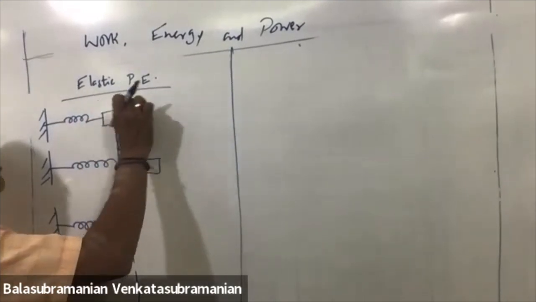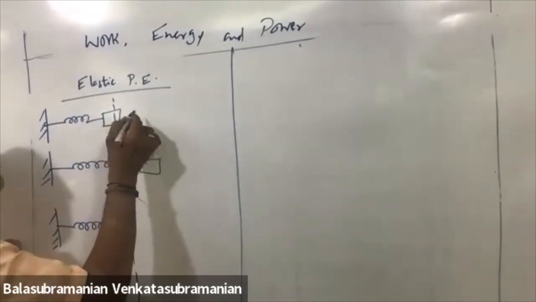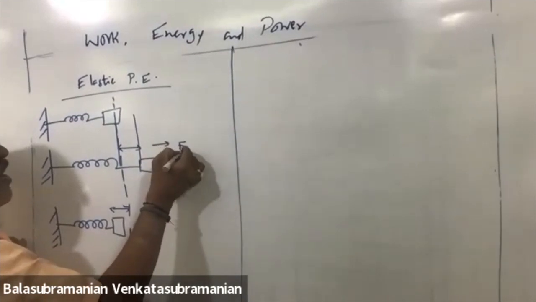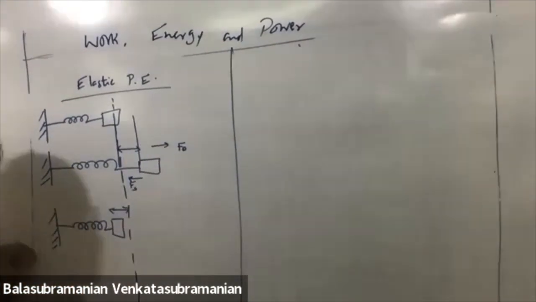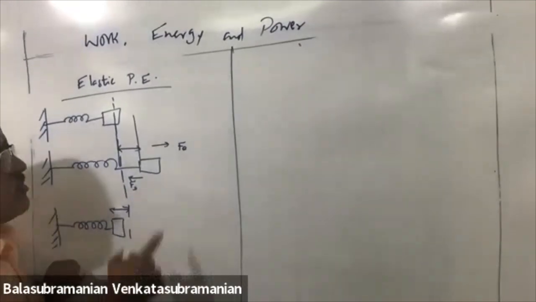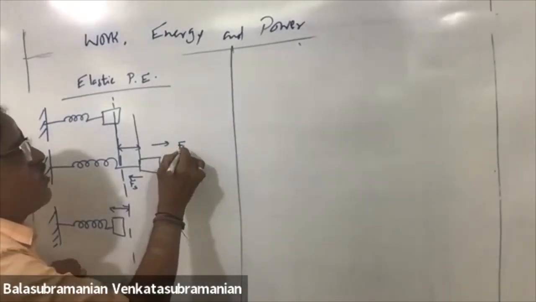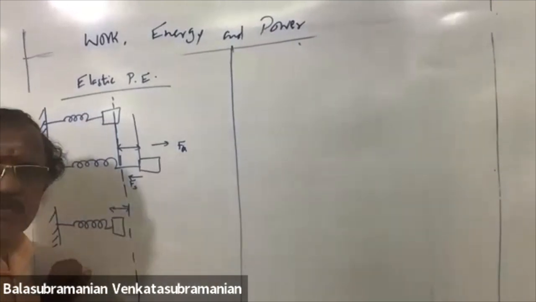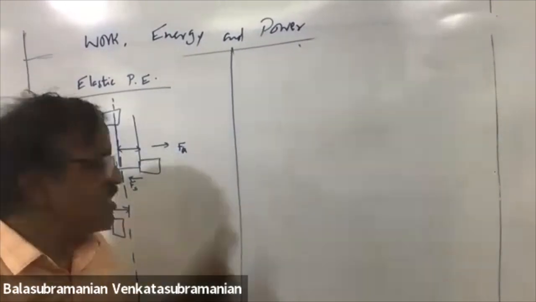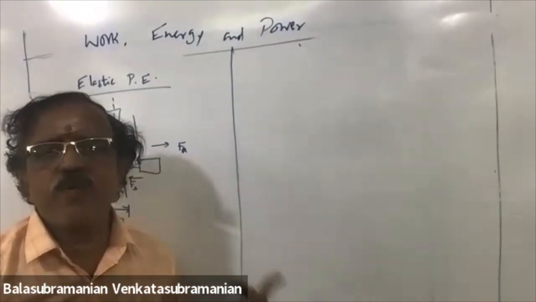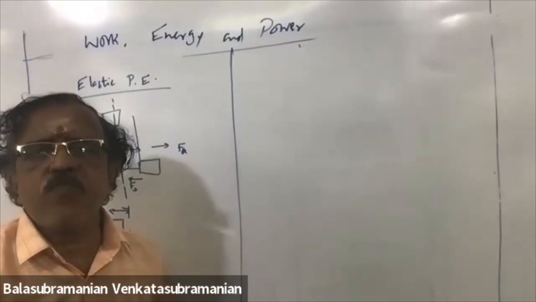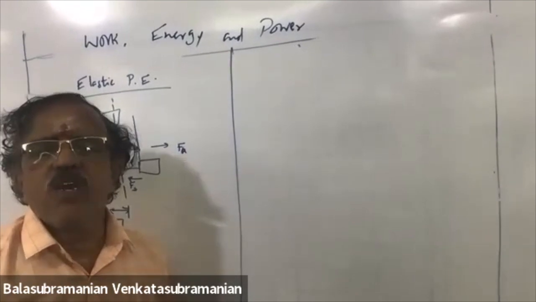You are applying a force F_a to elongate. This is Fs, the spring force. This is the applied force, and this Fs is called the spring force, in the opposite direction. The applied force and the spring force will always be opposite.